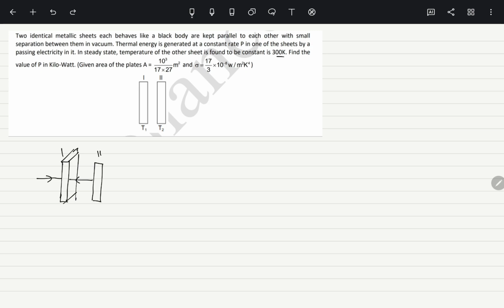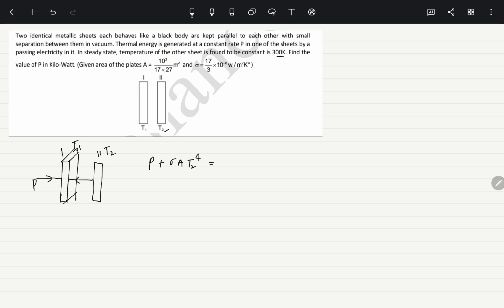Now how to write the equation? So I'm writing the equation. First, it is taking heat from the source, from the electricity. So P is the power which is absorbed through electricity, plus it is absorbing heat from the second also. So sigma A T2 to power 4, where the temperatures are T2 and T1, is equal to the heat which is absorbed, now releasing, because it is a black body.